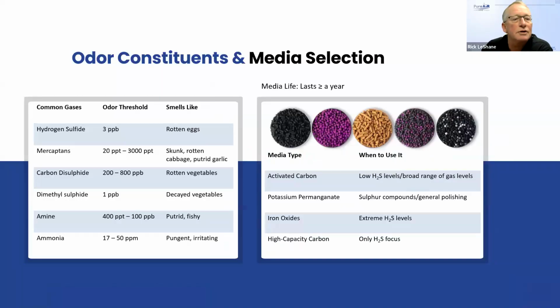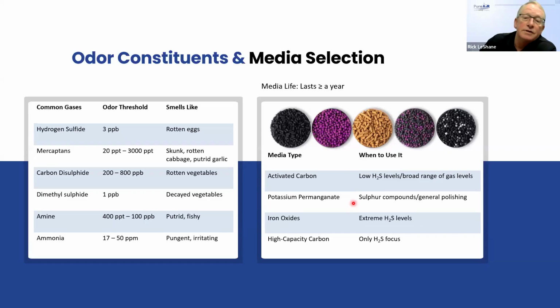Again, first off, we'll talk just a little bit about our odor control medias. You can see here we have multiple types of media. The first one is activated carbon, which is good with low levels of H2S and a broad range of gas levels. We use potassium permanganate.